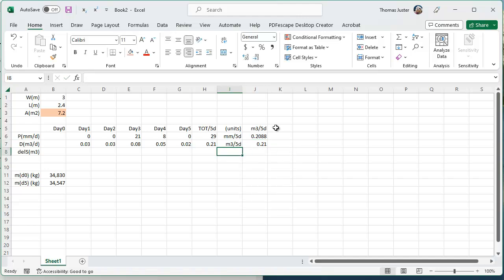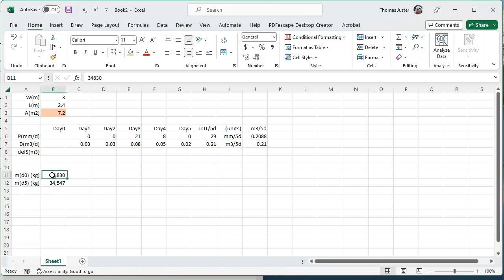Okay, so there is precipitation adding water, drainage subtracting water, and we now need to calculate the change in the volume of water lost in total, measured by the change in weight.